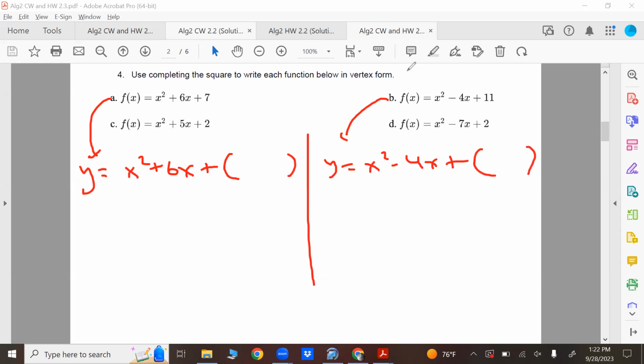Davis, go ahead. You have the answers? No. So what you got to do is take half of 6, then square it. Same thing here. Half of -4, then square it.